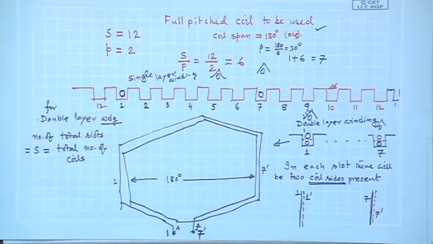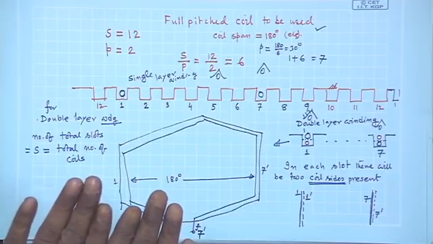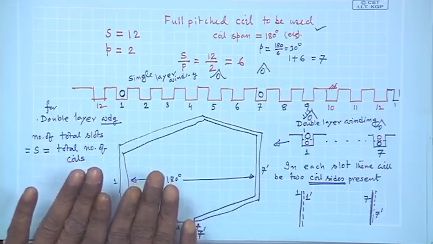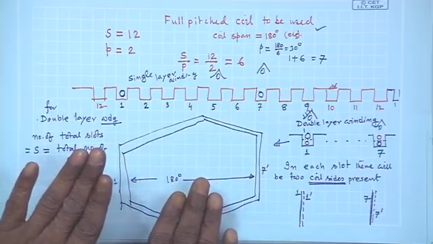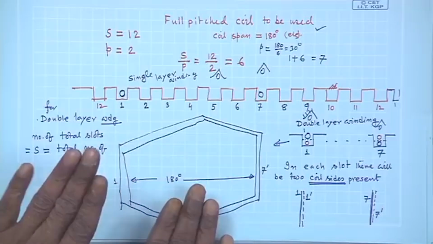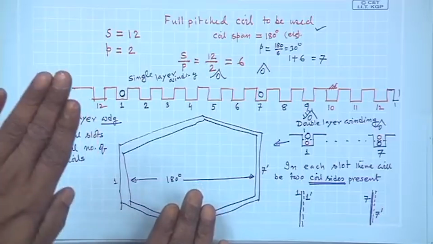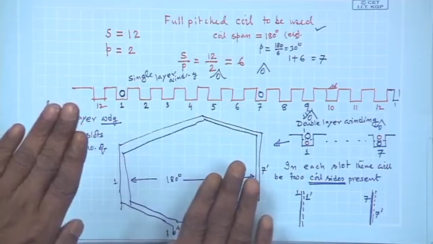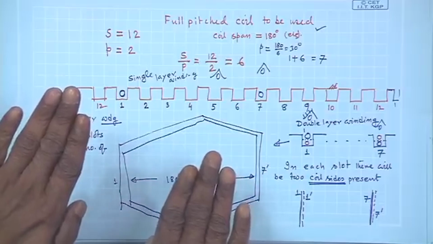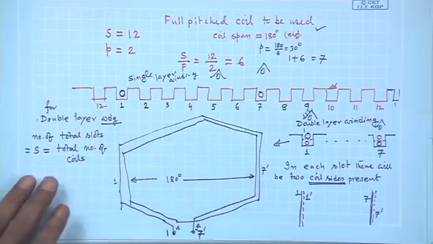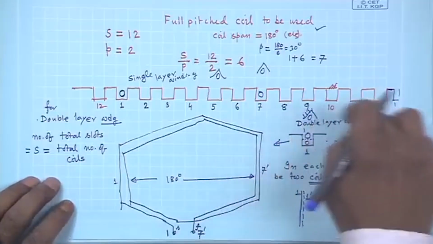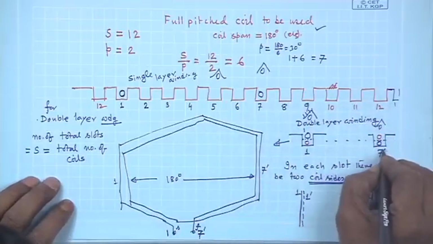So, if you look at any coil of a rotating machine that definitely uses double layer winding, the coil shapes are not exactly in the same plane. One coil side is slightly above, indicating that whichever slot it occupies, it will occupy the upper deck, and this one will be in the lower deck. So, one goes and returns to 7 dashed.